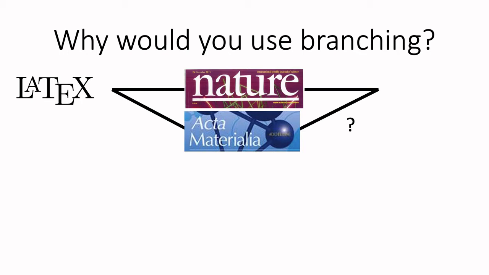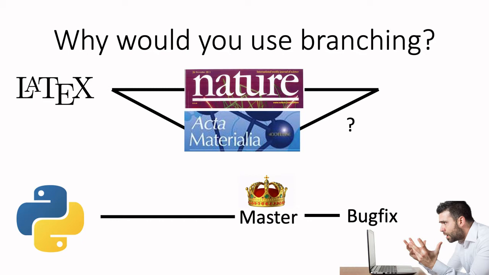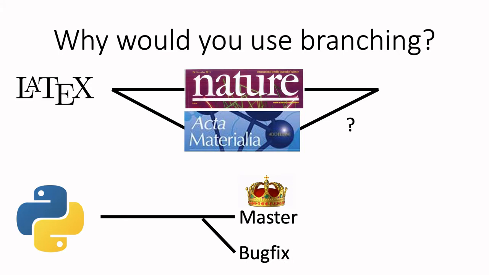Another example is software. Let's say you have a pretty stable piece of software, but there are still some bugs we want to address. If you go in and mess directly with the master branch, you may make it stop functioning. Since the bug fix is not critical, it's better to make your changes in a parallel bug fix or development branch.